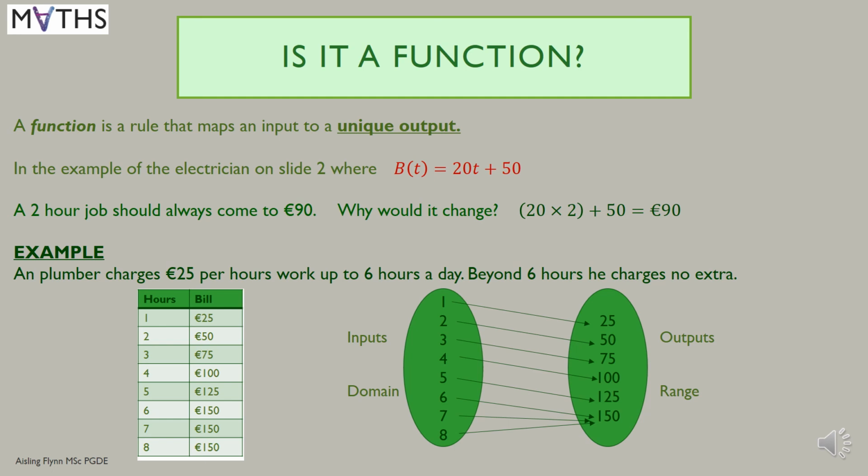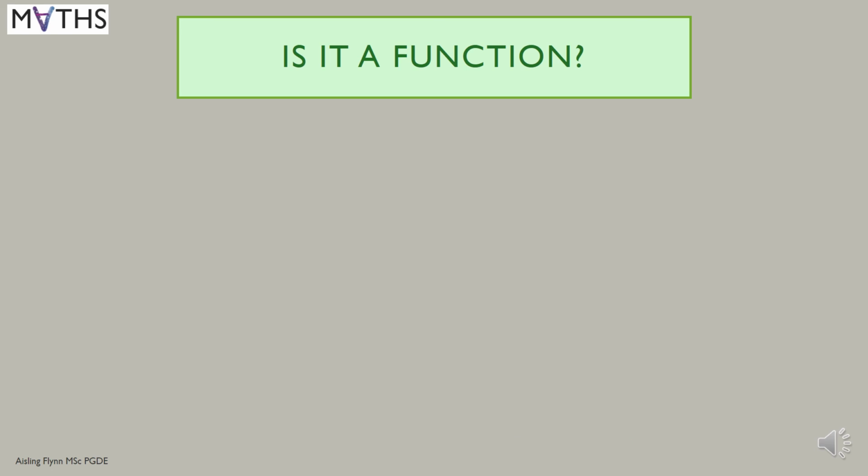If he does 7 hours tomorrow, the bill will still be 150. It won't change because he's made a rule, because he's made a function. 7 hours always gives 150, always gives that output. It doesn't change. And same for 8. So each input x should only have one output.